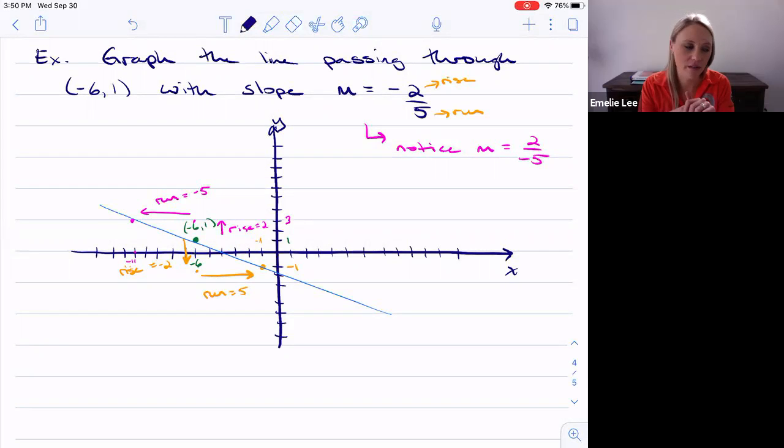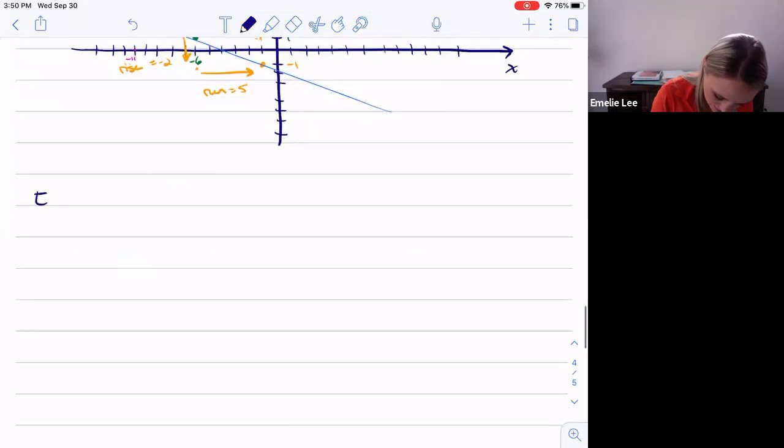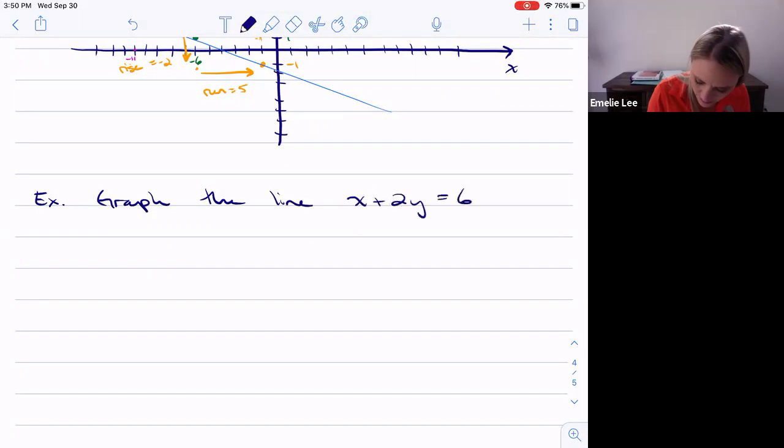So there are kind of two ways you could do it, or we can combine them and say, well, what if we want to graph the line x plus 2y equals 6. So you have a couple of options, right? You could rearrange and solve for y.